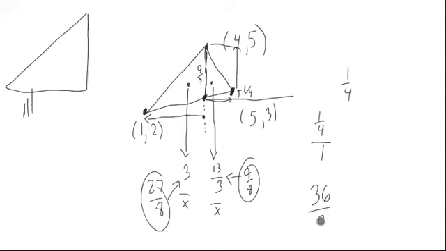So 36 divided by 8, which would end up being 4.5, or 9/2. So that's the total area of this triangle.